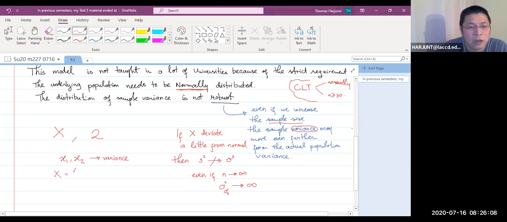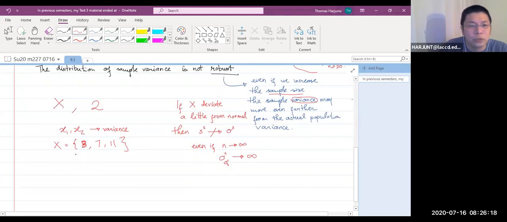I think the last example we had was 5, or no, 3, and then 7, and then 11. And then you do this sample. All possible samples are 3, 3, 3, 7, 3, 11, and then 7, 3, and so on.